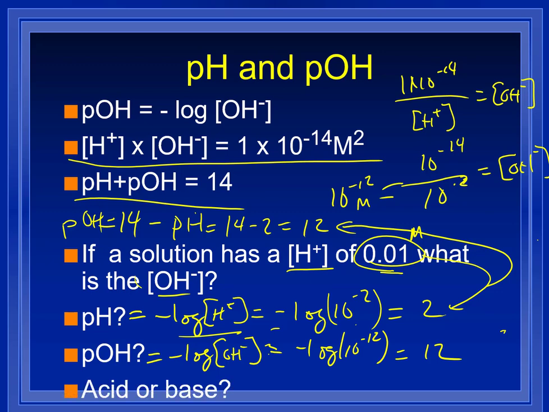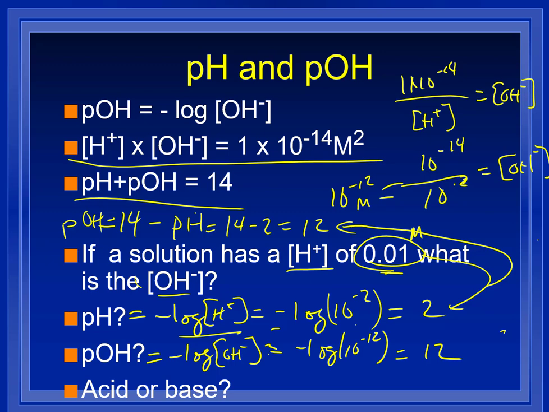Is this an acid or a base? It's one or the other. A solution is either acid, base, or neutral, and this is not neutral. So how do we know? Acids have more H plus than OH minus. 0.01 is bigger than 10 to the minus 12th. It's got a lot more H plus than OH minus.